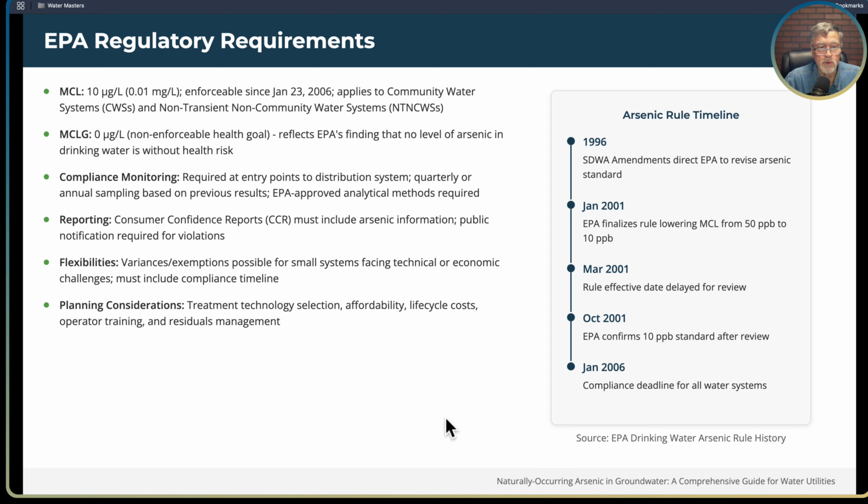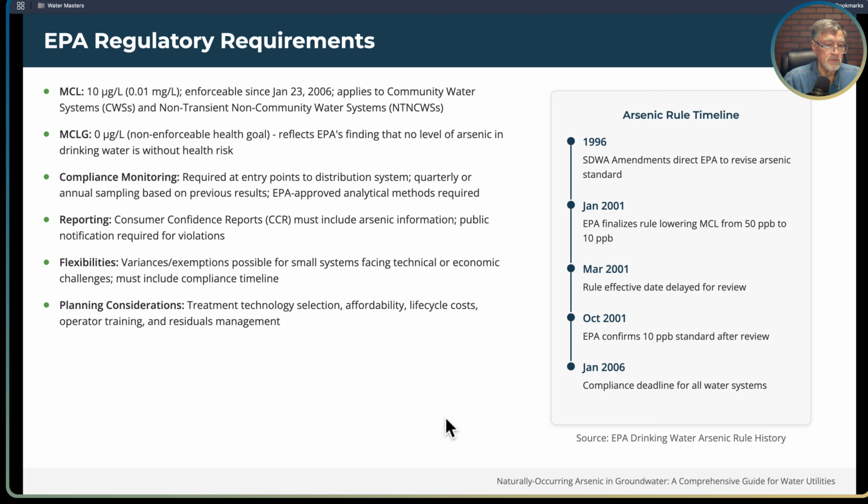Compliance monitoring is required at entry points to the distribution system, so quarterly or annual sampling based on the previous results. Obviously, if you've had previous arsenic results that are close to the MCL, they're going to require more frequent monitoring. And you have to use EPA approved analytical methods and a certified lab for those results. Reporting: consumer confidence reports, which all water systems have to produce for their customers, must include arsenic information.